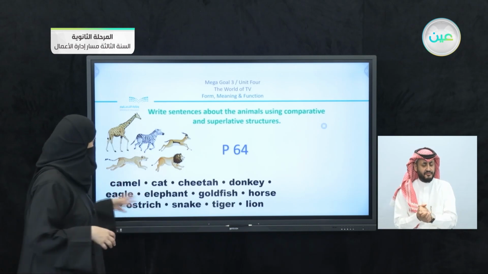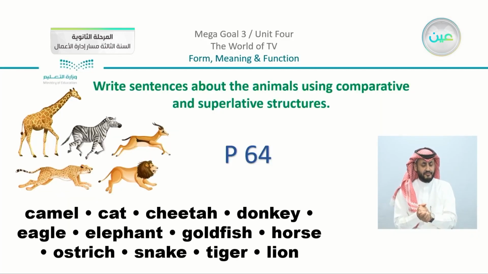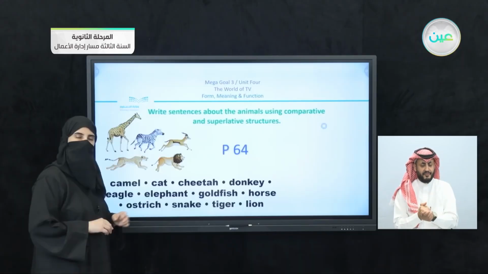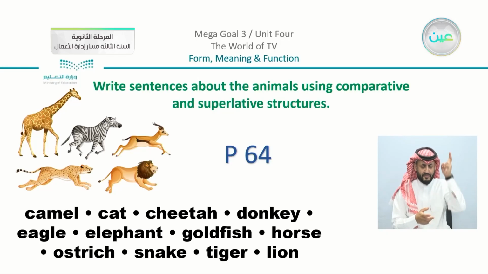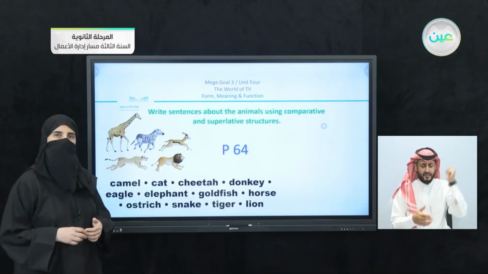For example, we have here the animals. We can say that there is the camel, we have here cat, cheetah, there's the donkey, eagle, elephant, goldfish, horse, ostrich, snake, tiger, and lion, and of course much more.